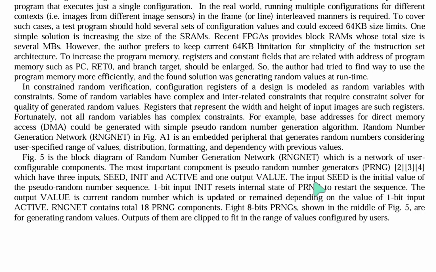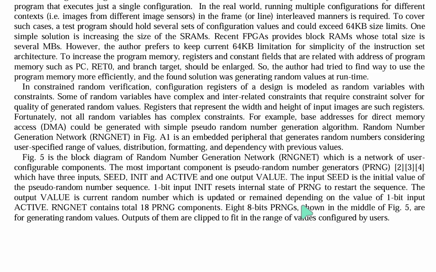The input seed is the initial value of a pseudo-random number sequence. The 1-bit input init resets the internal state of the PRNG to restart the sequence. The output value is the current random number, which is updated or remains the same depending on the value of the 1-bit input active.